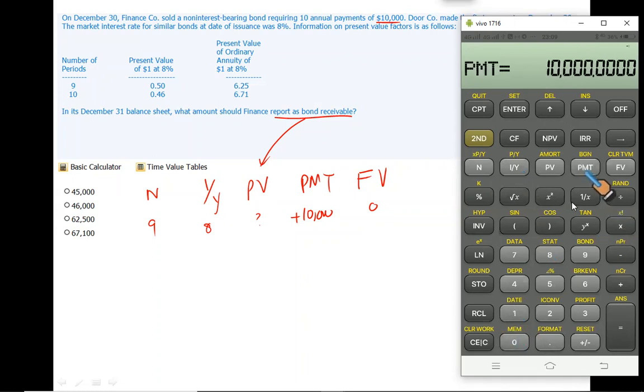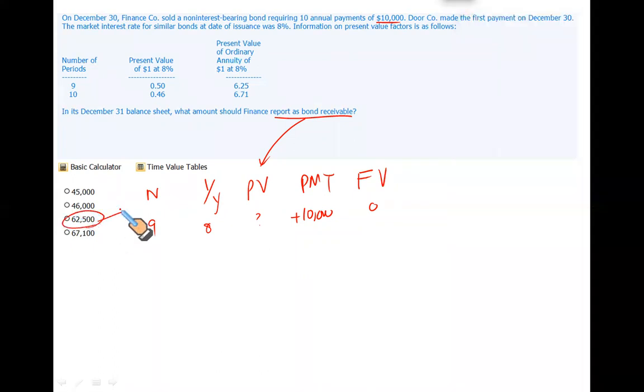So this is PMT. 0 is going to be your face value in the future. So compute present value: 62,468. That is close to the number we have, 62,500. So that's the right option. So you can use it in the conventional way, or you can solve it using the financial calculator. It's totally your choice which way you want to go.